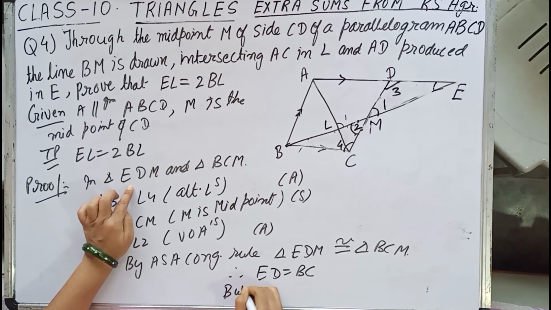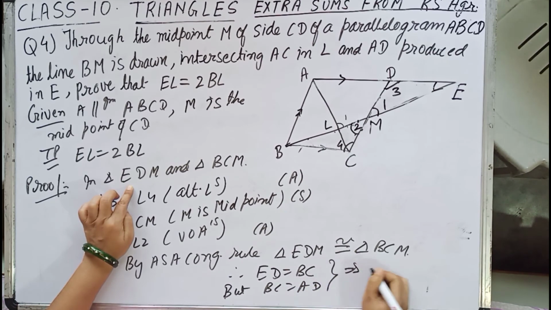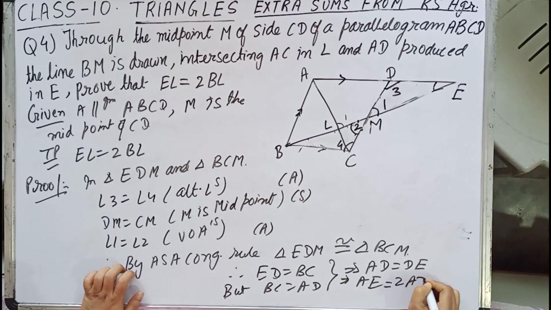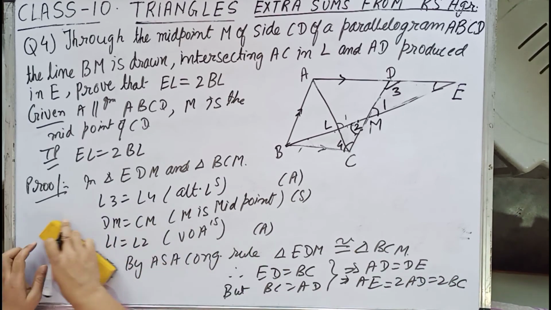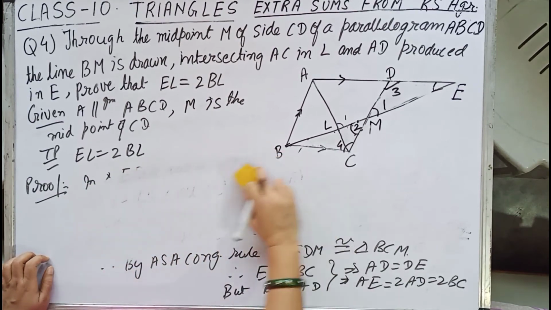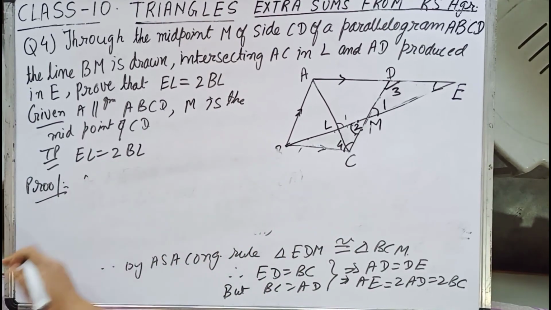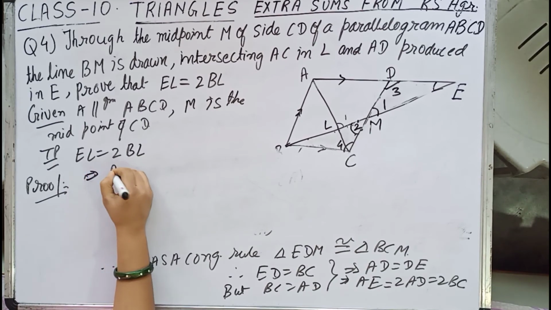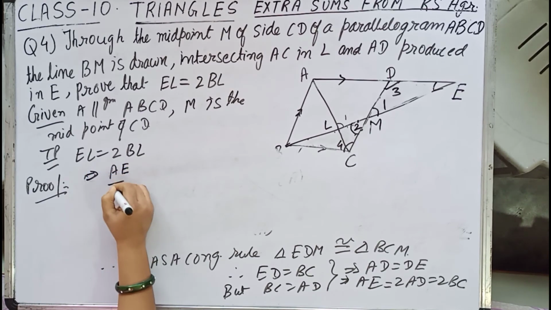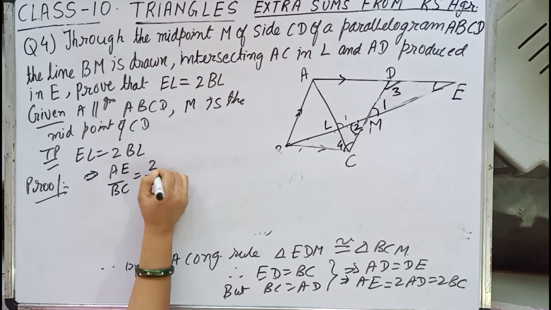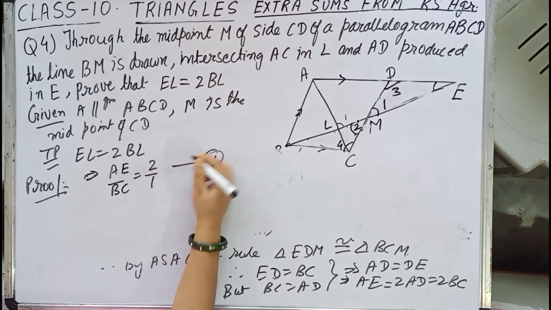But BC equals AD, which implies AE equals twice AD, which equals twice BC. Okay? All things I have explained. Now this implies AE by BC equals 2 by 1. Make it equation number 1.